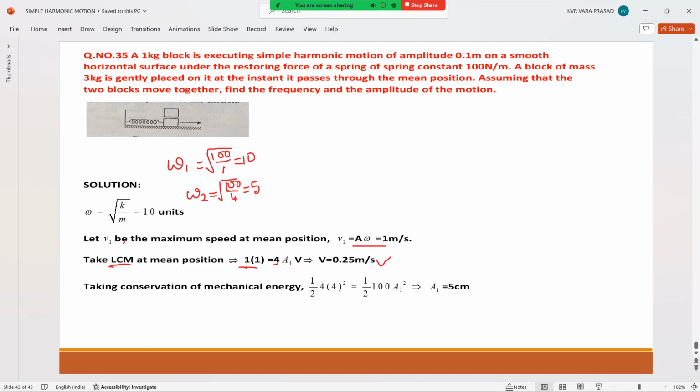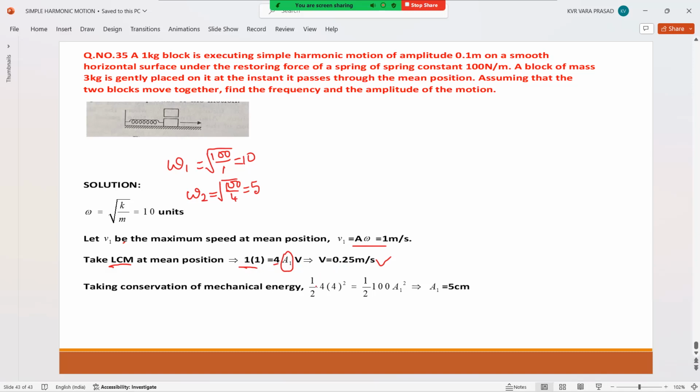Are you getting it? This is 1 into 1, that is equal to, now mass is 4, velocity V. So I think here by mistake, this A1 is not there. Okay. It is 4 into V. So V equal to 0.25. Now here there is no A1. By mistake, it is written here. So 1 into 1 equal to 4 into V.